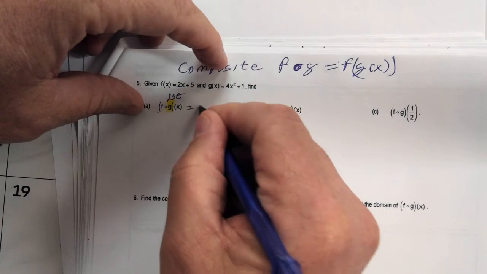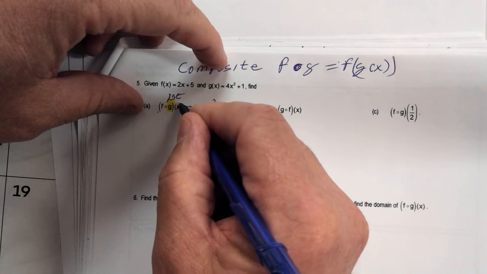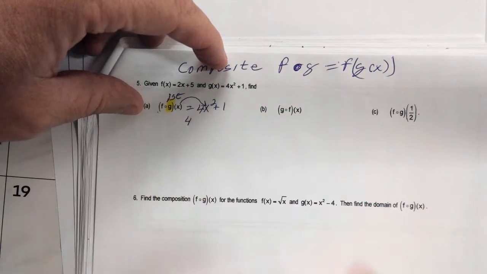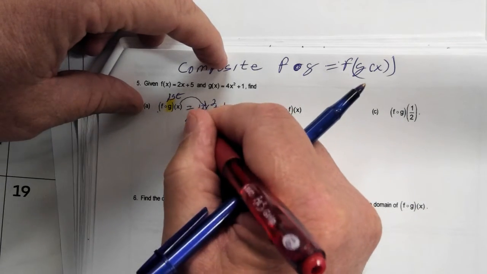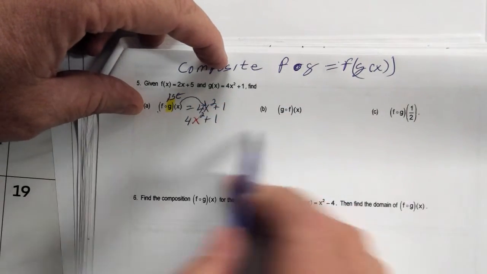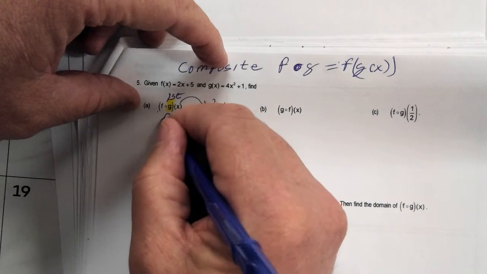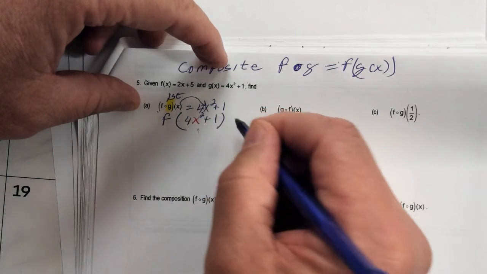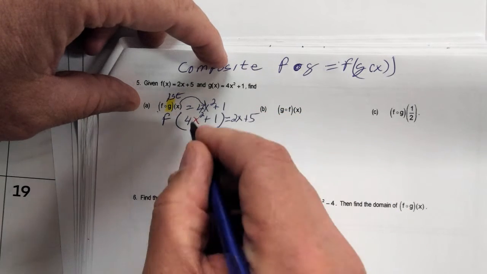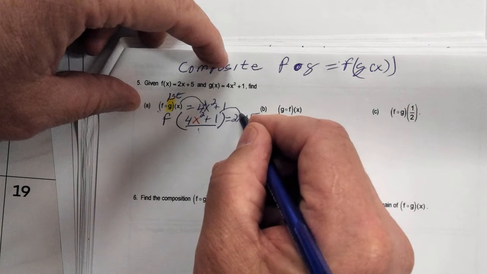So we set it equal to 4x squared plus 1. Now you're taking this x and you're plugging it in there. So it is 4x squared plus 1. It stayed the same because you plugged in x. You're taking that answer and plugging it into function f, which is 2x plus 5. So you're taking that right there and you're plugging it in for x.